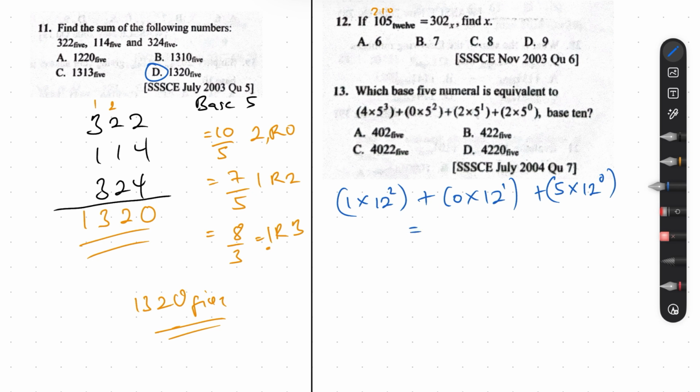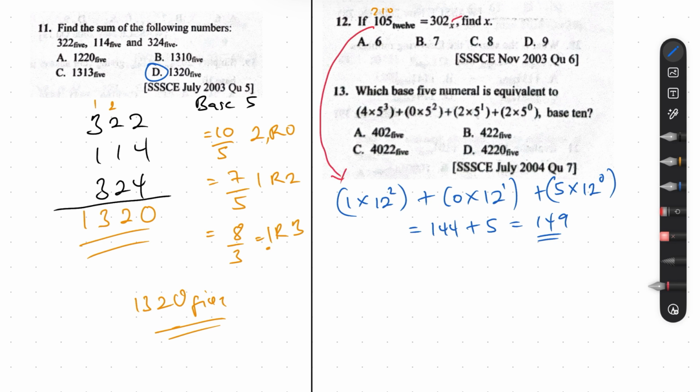What do we have? That will be 144 plus 5, which is 149. Okay, cool. That is for 105 base 12, right? 105 base 12 gives us this.